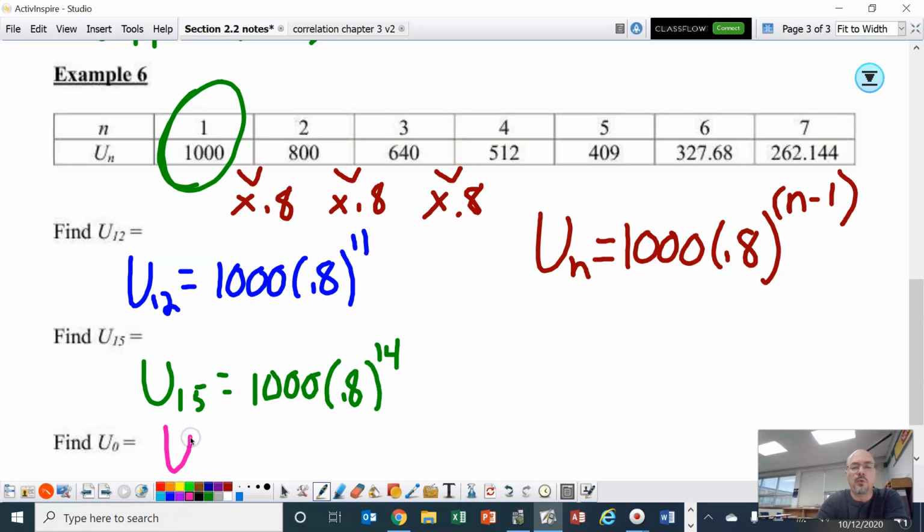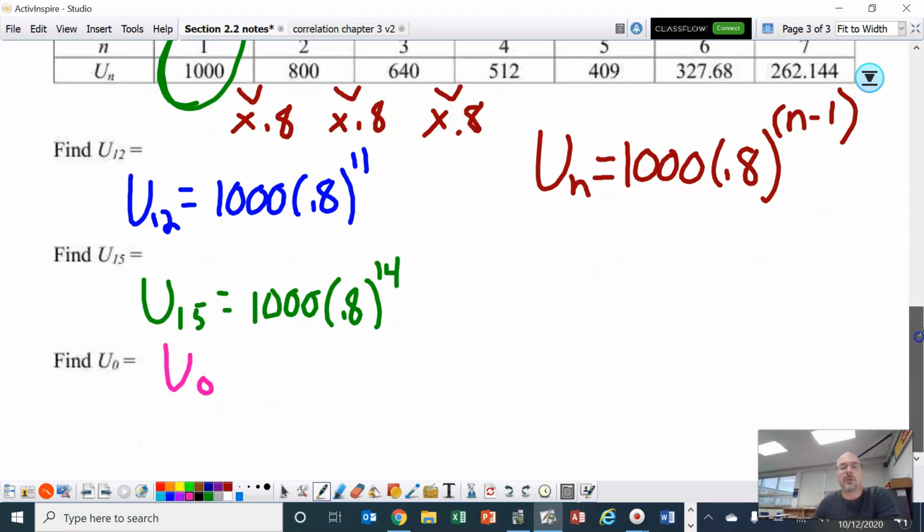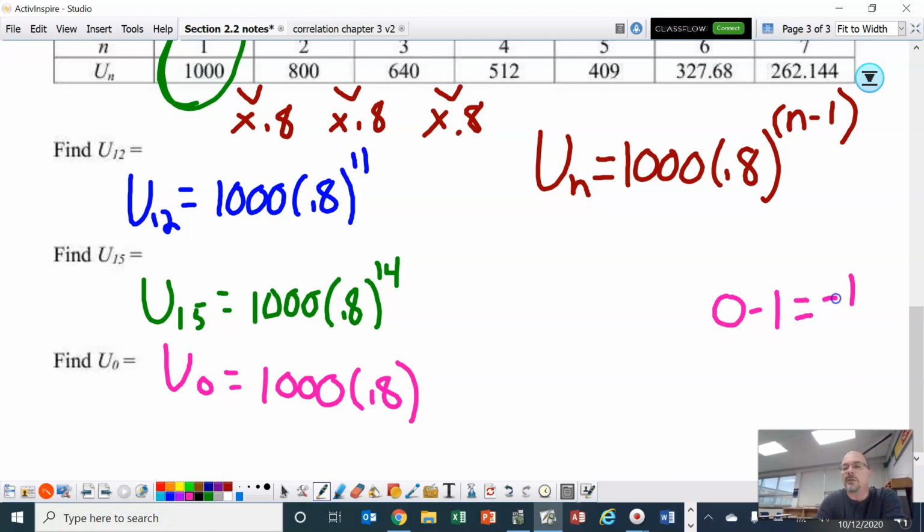And u sub 0. What are you trying to do there, Mr. Ellering? All right, u sub 0 equals 1,000 times 0.8. Well, 0 minus 1 is -1, so that exponent is a -1. Yes, that is possible. Nothing wrong with that.